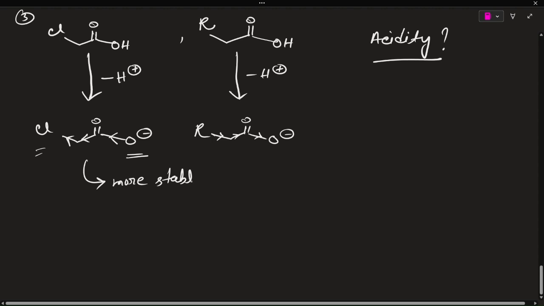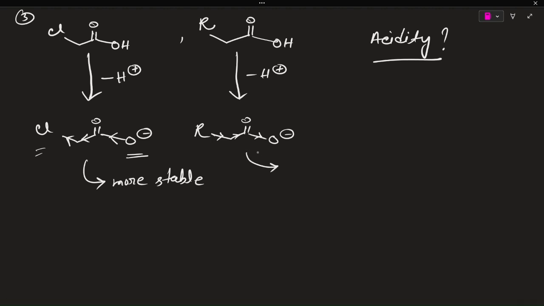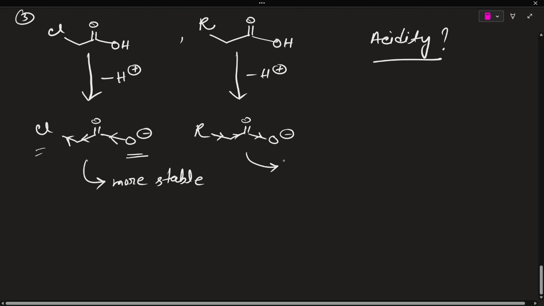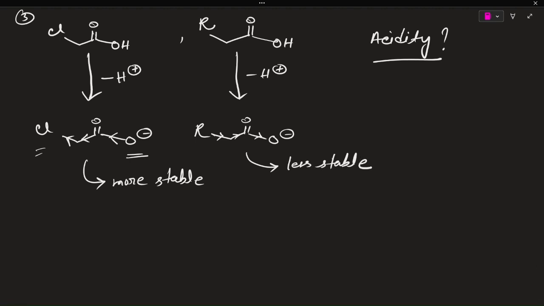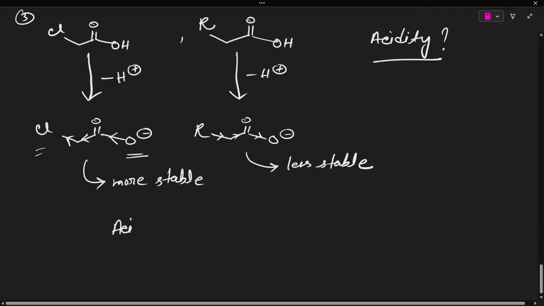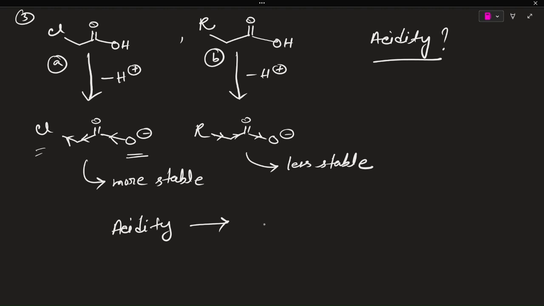And here, the R group increases the charge density on the oxygen atom. So the acidity order is, this is A and this is B, A is greater than B. This is the more acidic.